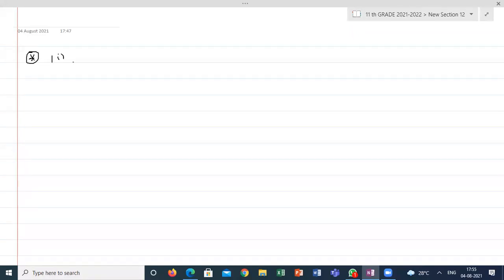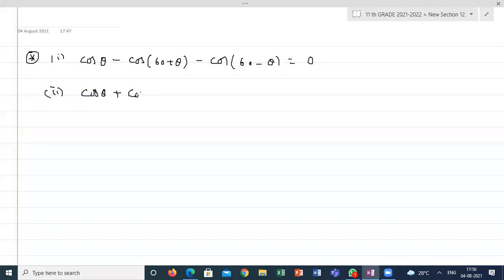The first one is cos theta minus cos of (60 plus theta) minus cos of (60 minus theta) is equal to 0. Again, in place of 60, if I write 120: cos theta plus cos(120 plus theta) plus cos(120 minus theta) is also 0.